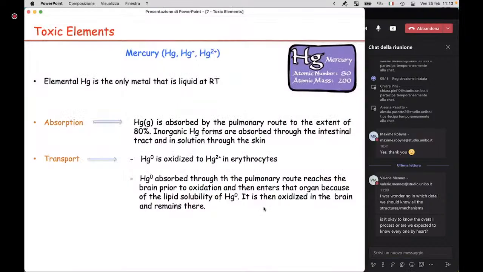So, I see there's a question: in which detail should we know all the structures and mechanisms? Okay, I don't want you to learn any structure by heart.